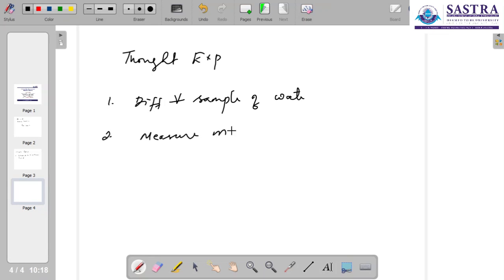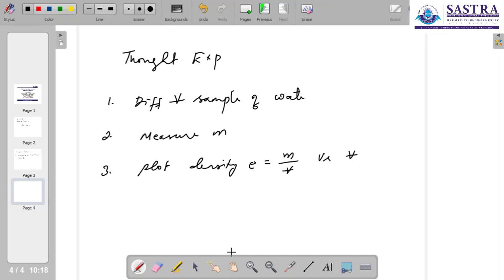So that means you are primarily going to weigh it on a balance and then plot the density, right, which is the ratio of mass to the volume of the sample versus the sample volume itself. So this is the thought experiment that I want you to do.